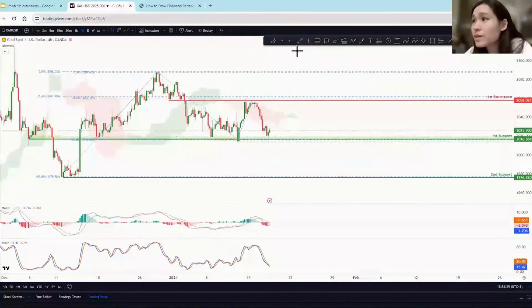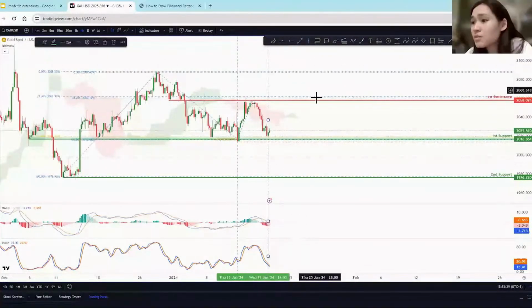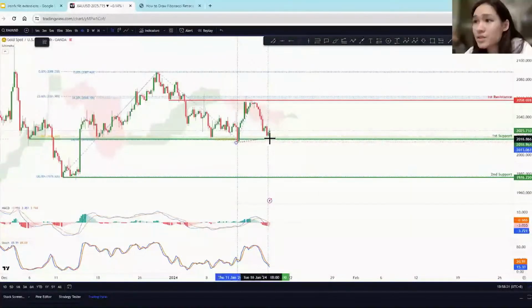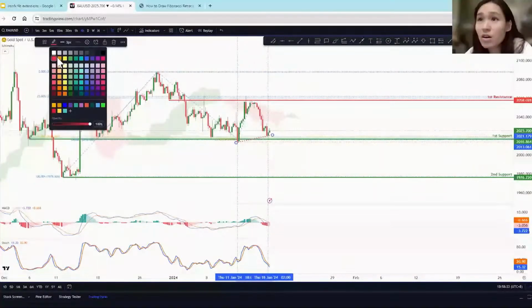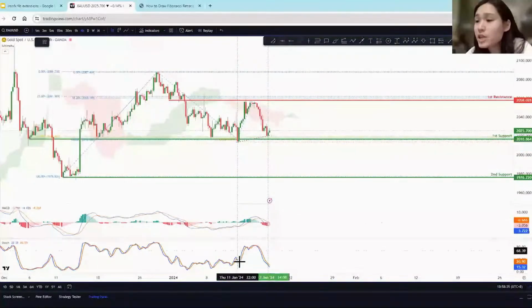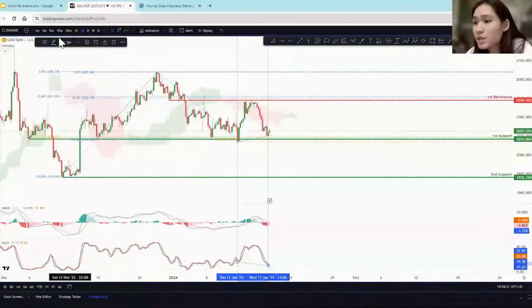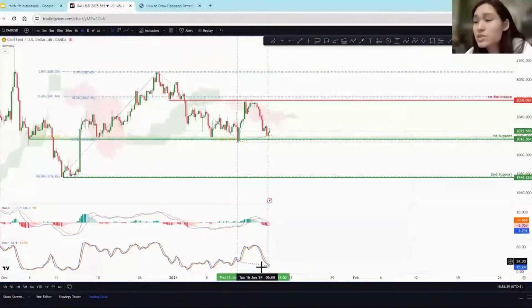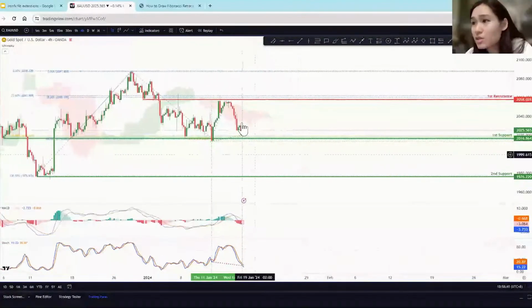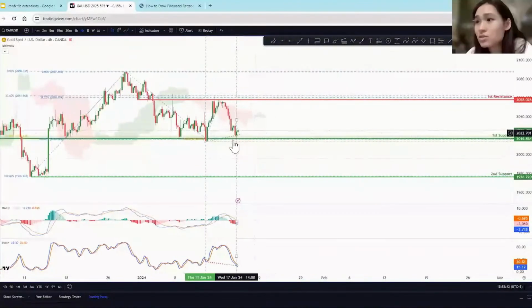Okay, so we have a bit of divergence here. Price has made a higher high on our price chart, whereas on our stochastic, it's making a lower low. So this is a bearish divergence and could suggest that price is going to continue to break below our first support.